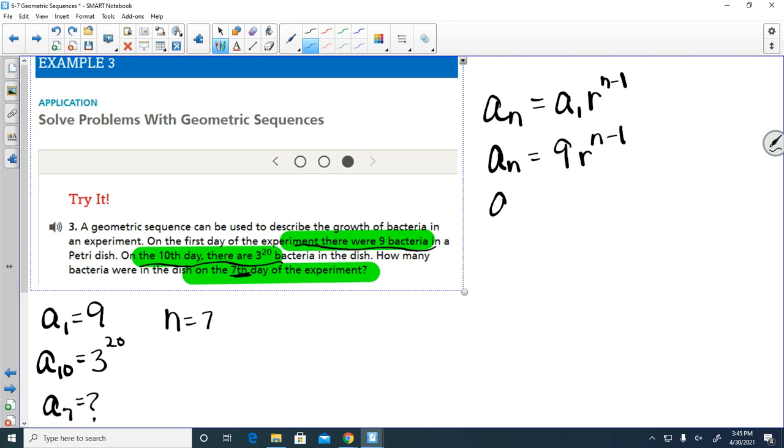And I'm trying to find A sub 7 equals 9 times R to the 7 minus 1, or A sub 7 equals 9 times R to the 6th power. But in order to find this, I need to know what R is. Okay, so then maybe I can use this other information I haven't used yet.